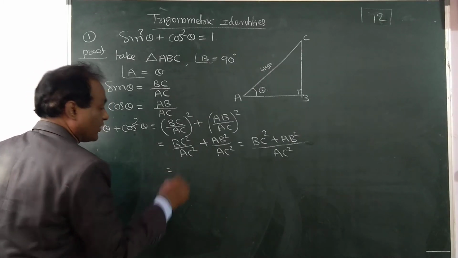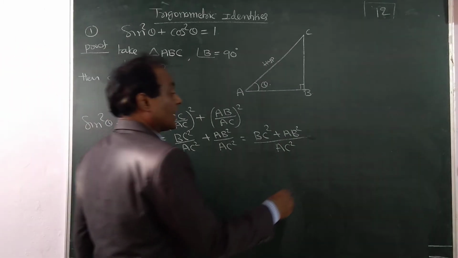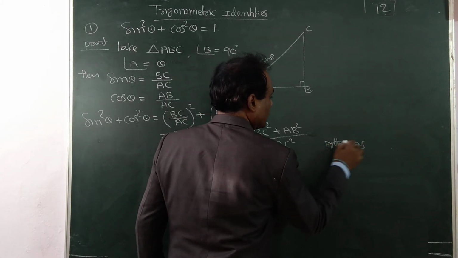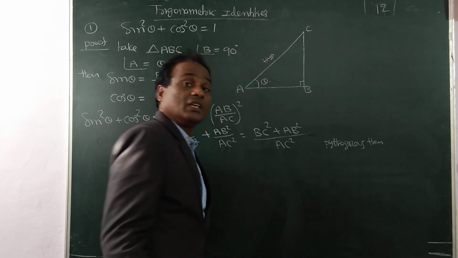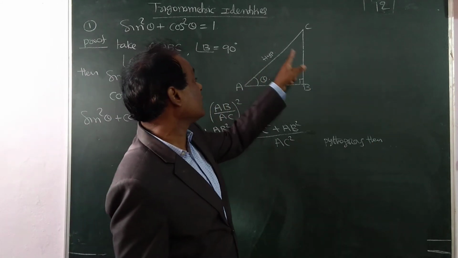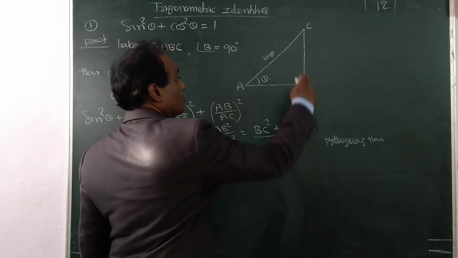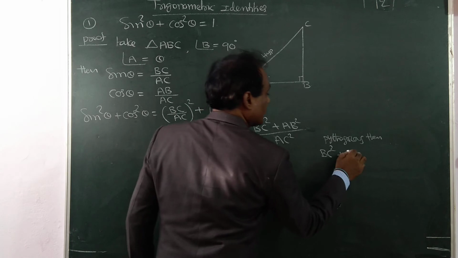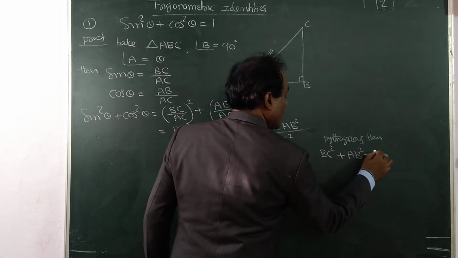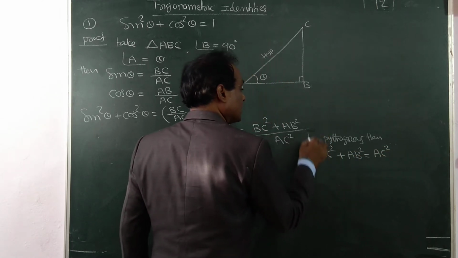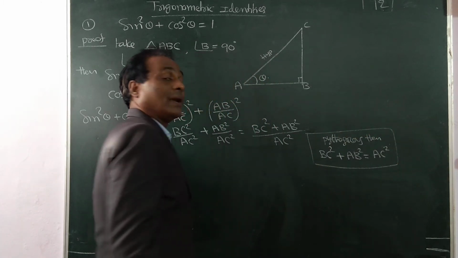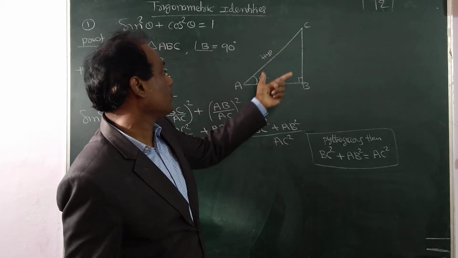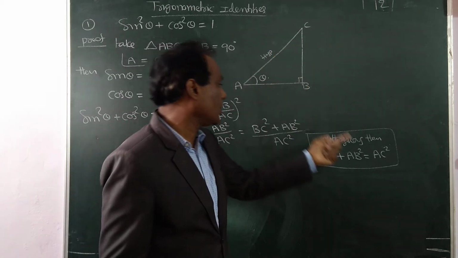How to further simplify? Remember the Pythagoras theorem I explained in the beginning, and we solved so many problems on it. The Pythagoras theorem is a relation between the three sides of a right angle triangle: opposite square plus adjacent square is equal to hypotenuse square.